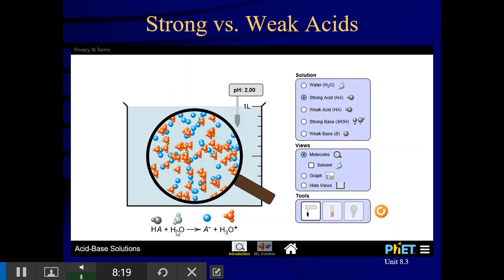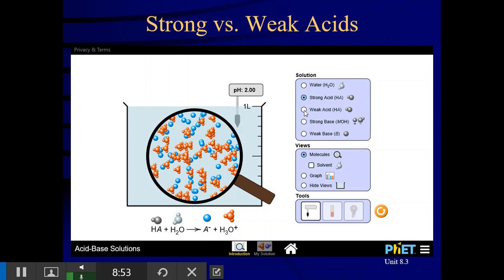The amount of hydronium ion is going to be a direct indication of how strong this acid is. And if you look in the picture here, this enlarged particle view, there are lots of H3O pluses. And that's typical for a strong acid. There is much dissociation. This reaction goes very heavily in the forward direction. Lots of H3O plus is going to lead to a very acidic pH.